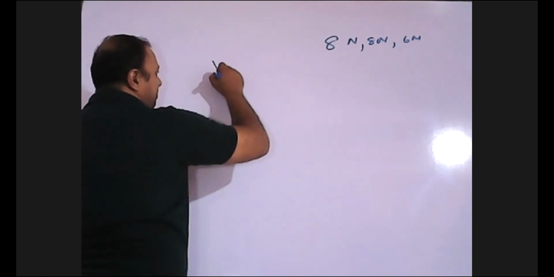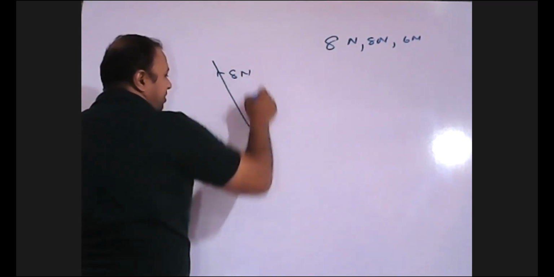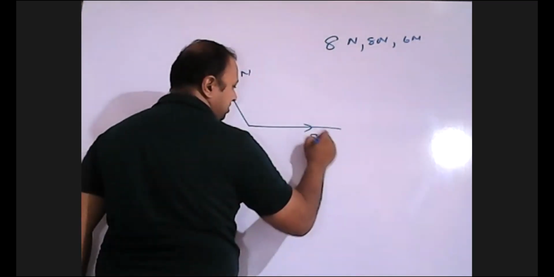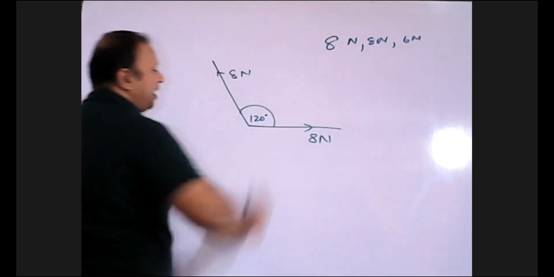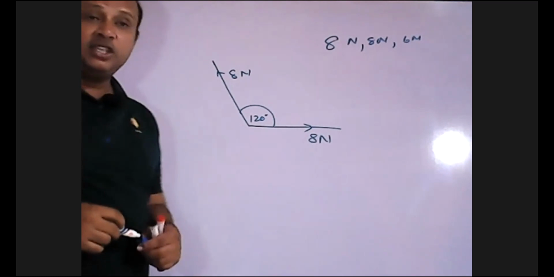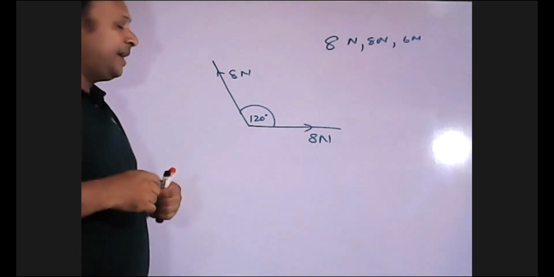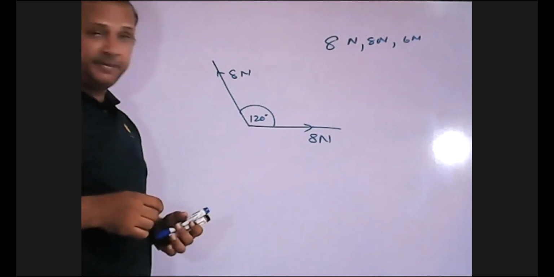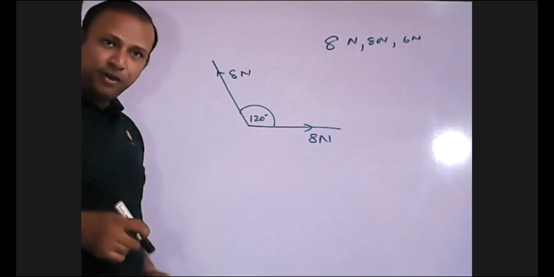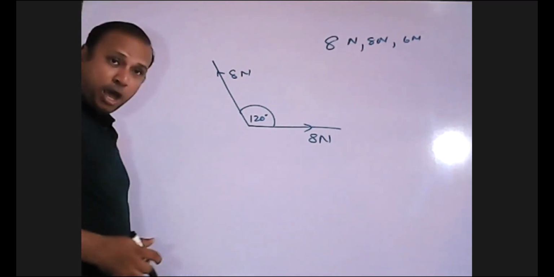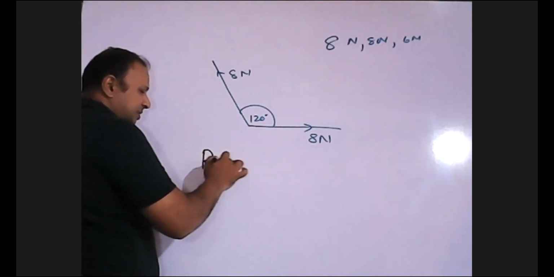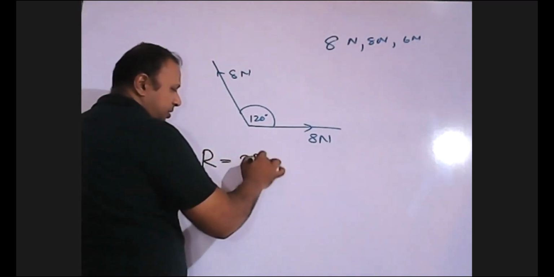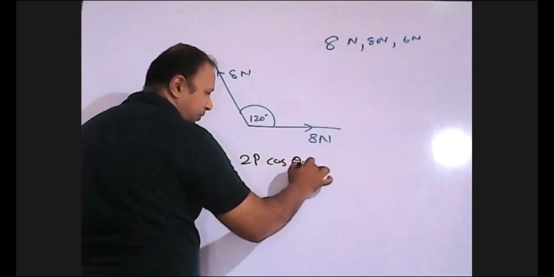According to the figure, there are two 8 Newton forces, and the angle between the two 8 Newton forces is equal to, I'm sorry, 120. I know how to get the resultant force of two equal forces: 2P cos theta over 2.